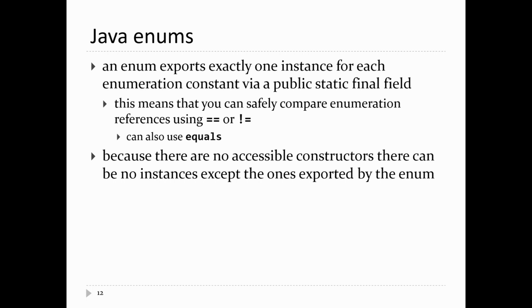Because what does == do? It checks if 2 objects are the same object. There's only one Sunday, so the only way Sunday can be equal to Sunday is if they're the same object. So you can safely use == and !=. There are no publicly accessible constructors in an enumerated type, so that means no one else can make additional days or months.